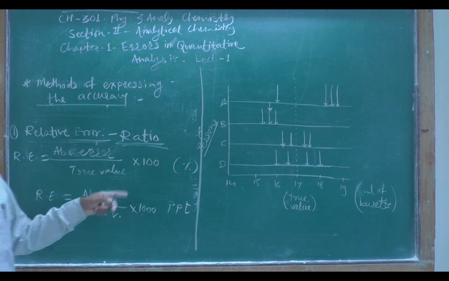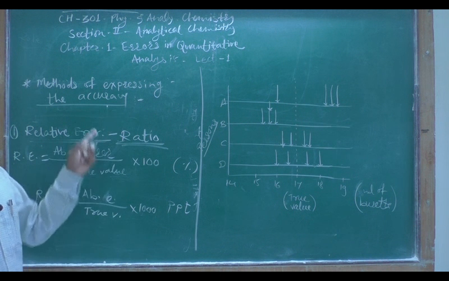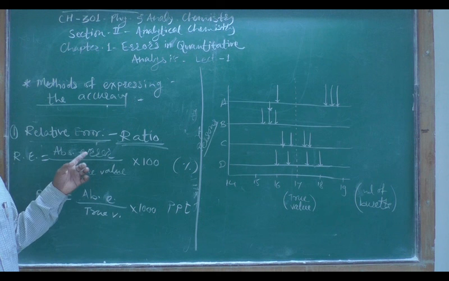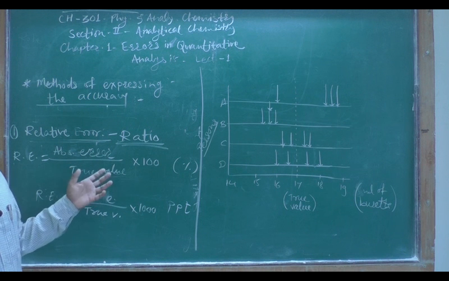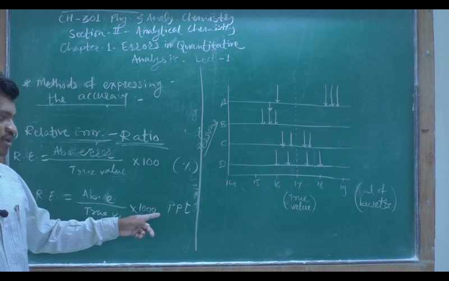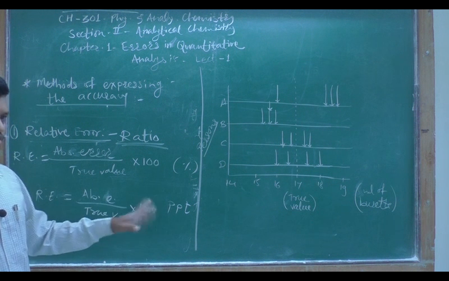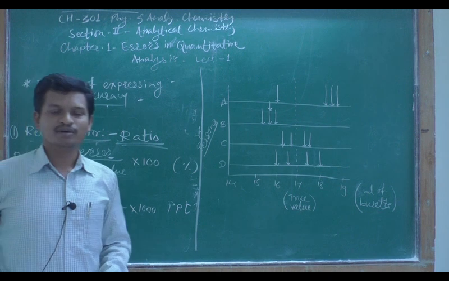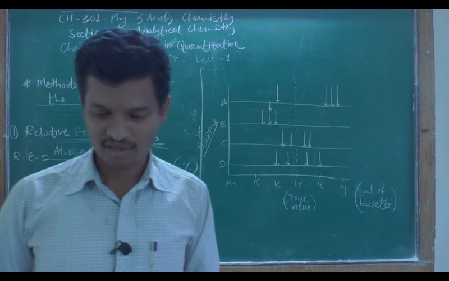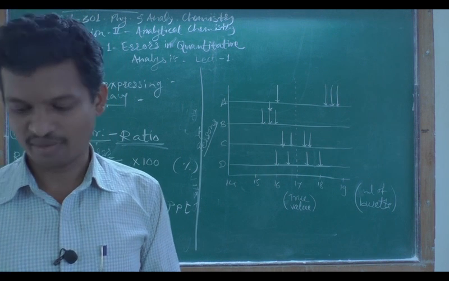So these are the two ways of expressing relative error, in percentage as well as in parts per thousand. So this is the concept of absolute error and relative error.